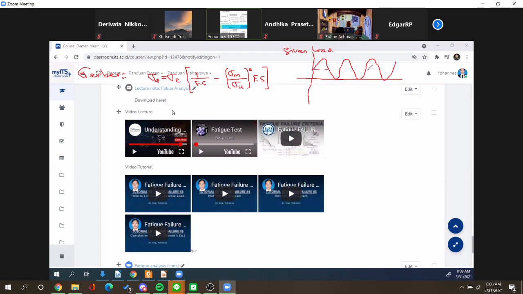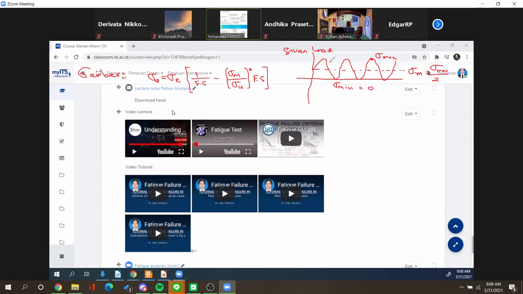So that here we have sigma m, or the average, is equal to sigma max divided by 2, because we have sigma min here equal to 0.